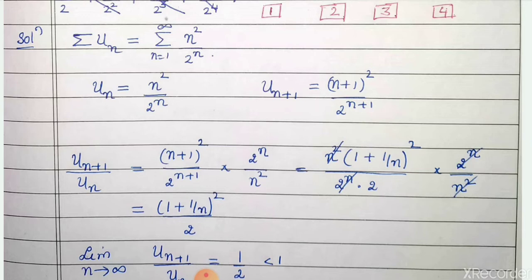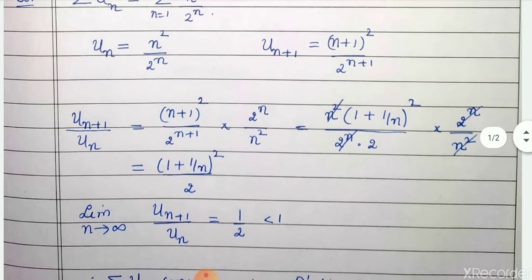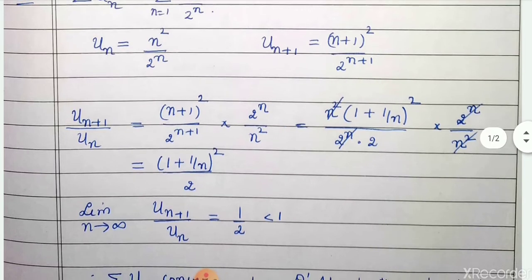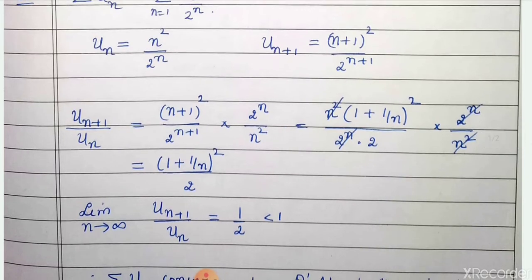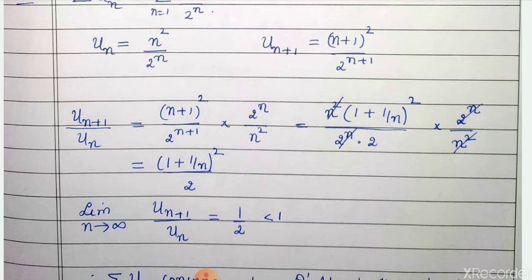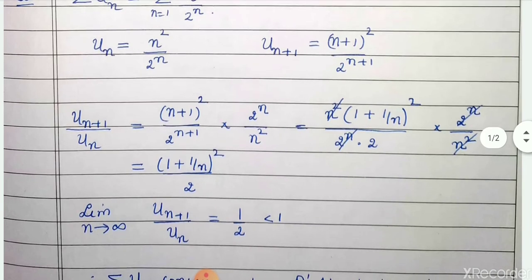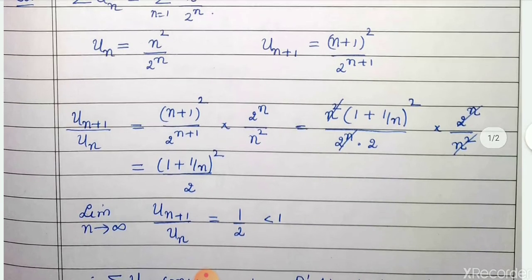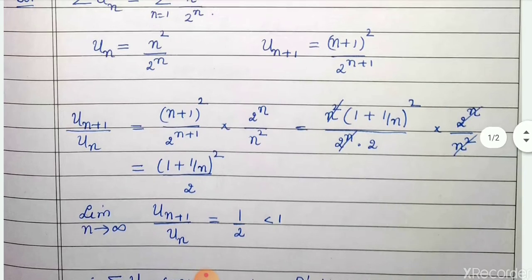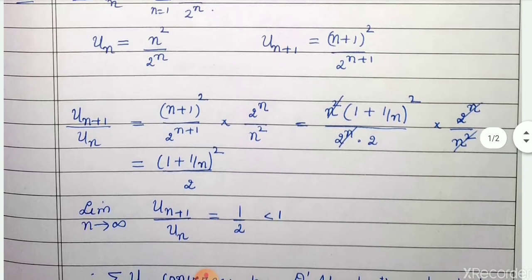After we write this, we consider the ratio un plus 1 divided by un. On simplifying that, I've just substituted it. Un plus 1 is n plus 1 square divided by 2 raised to n plus 1. And then I have taken the reciprocal of un, which will be into 2 raised to n by n square.